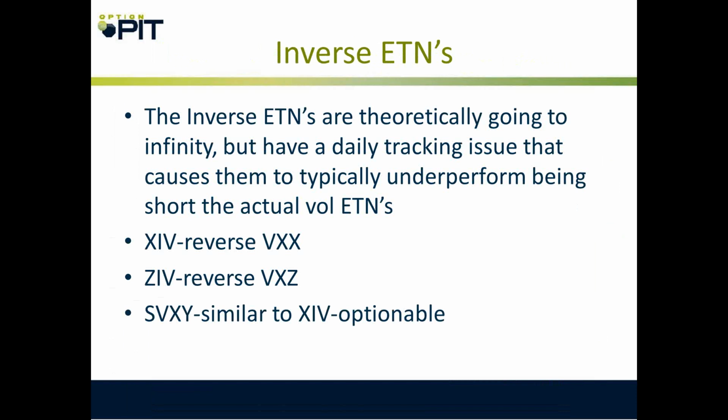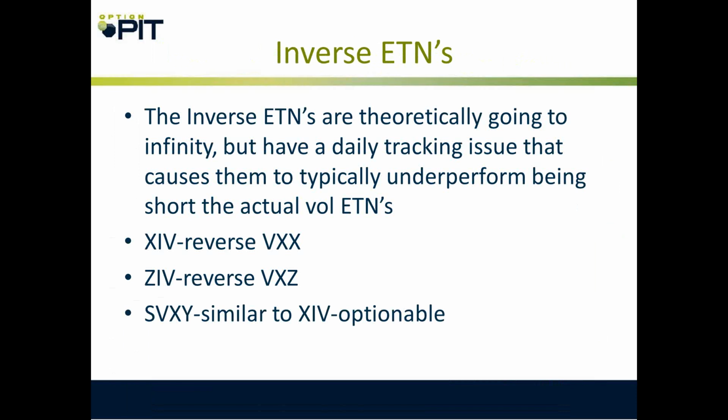So let's talk about the inverse ETNs. They are theoretically going to infinity, but they do have a daily tracking issue. There is a general rule: if you run a constant portfolio that is short VXX, short XIV, adjusted, keeping the same constant dollar at risk, you actually will make money on that position.